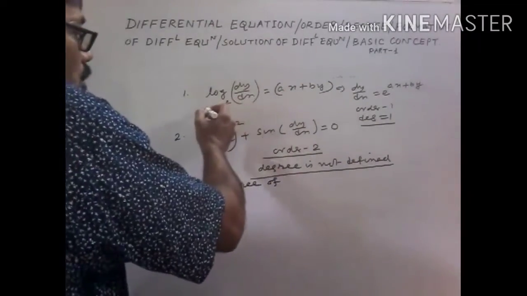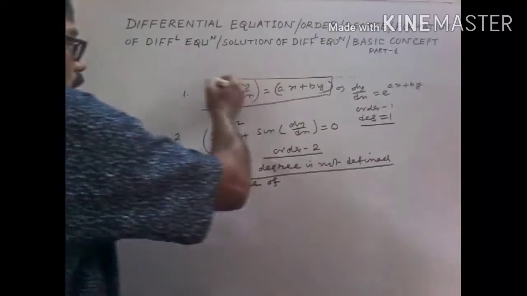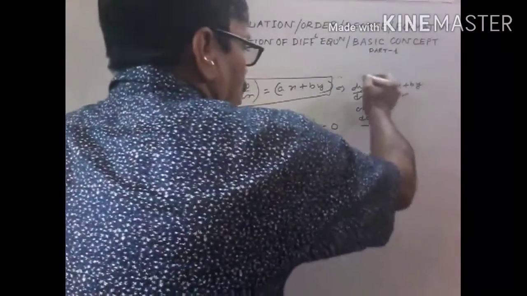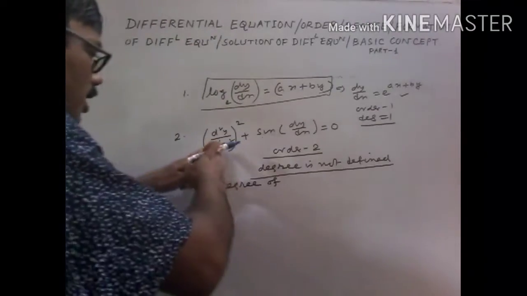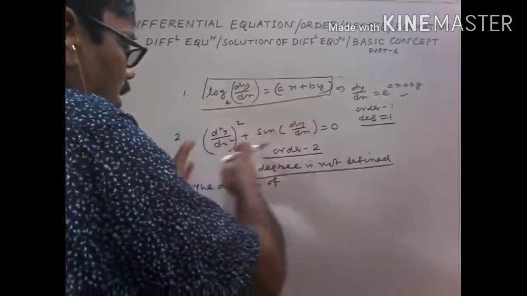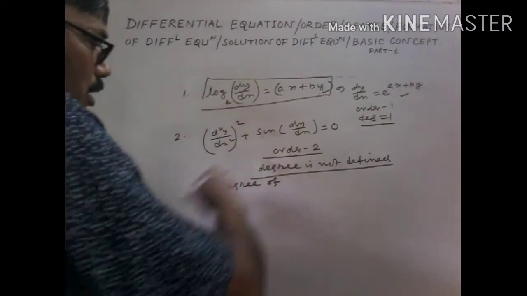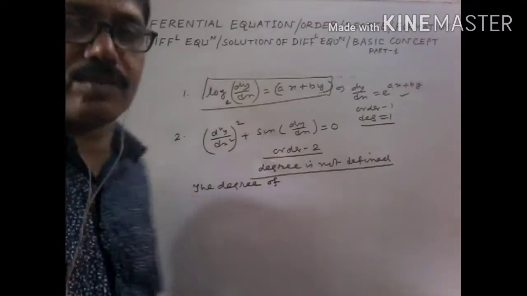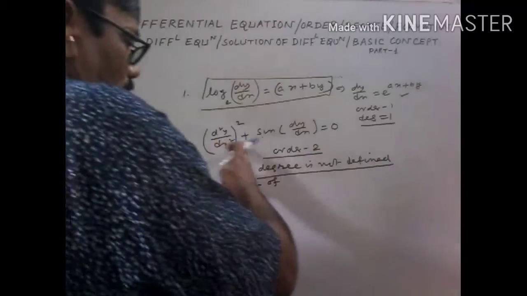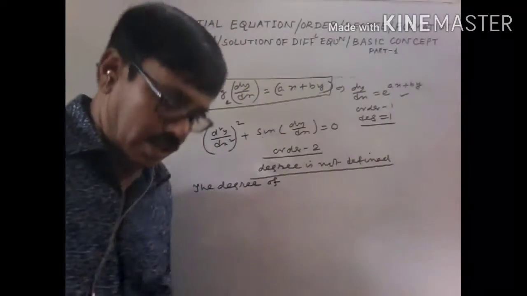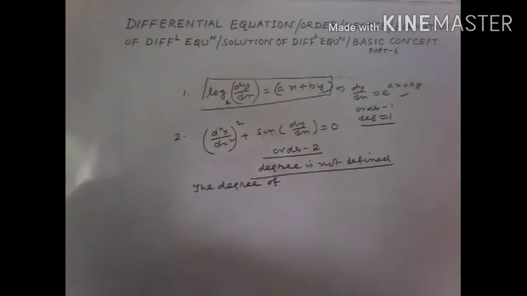Here it is not given as a polynomial function, but we can express the derivative in terms of a polynomial function. But here it is not expressible in terms of a polynomial function. The derivative cannot be expressed in terms of polynomial functions. So that is why the degree is not defined.